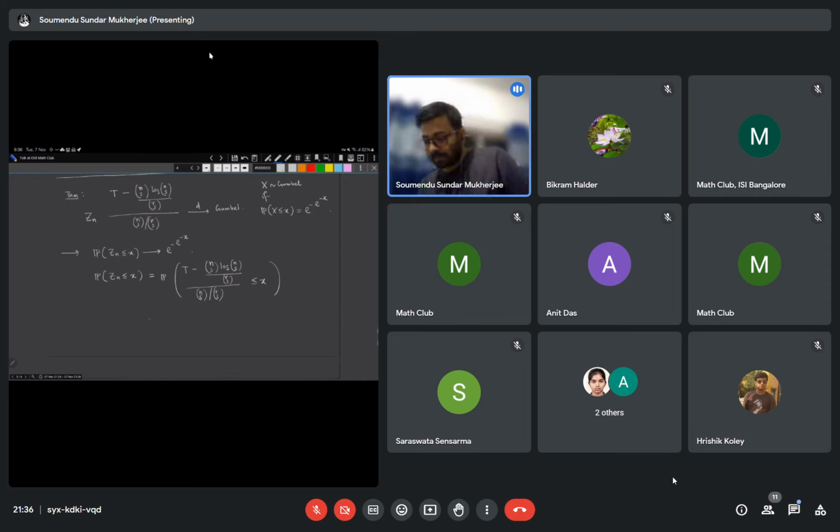We can write this as the probability that T is less than or equal to something, k, where k is going to be this times x plus that.